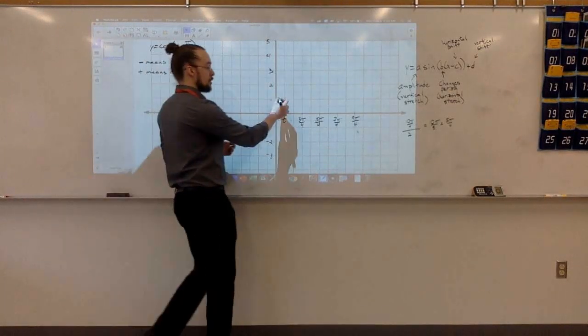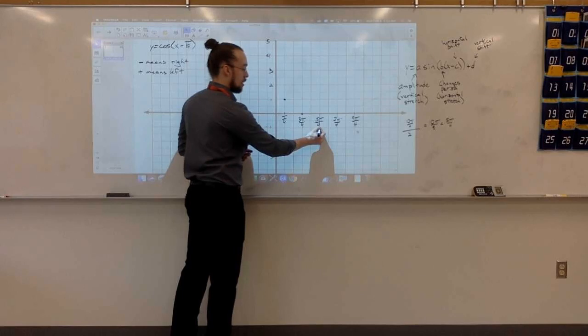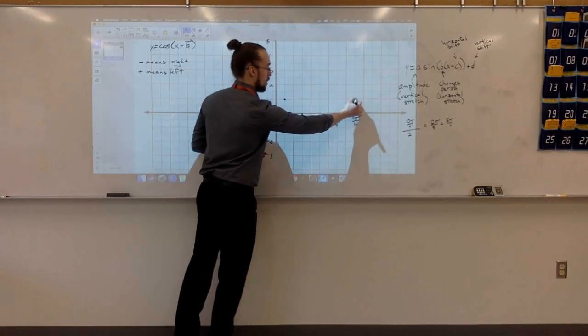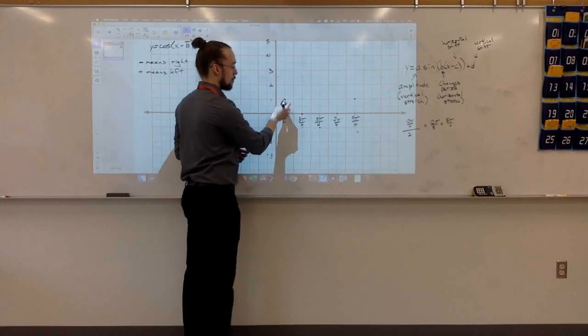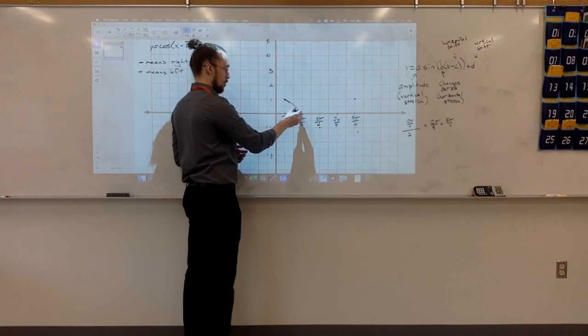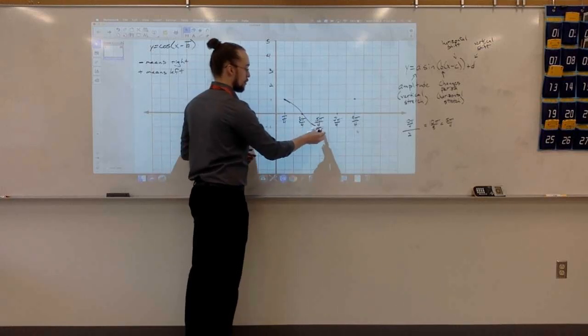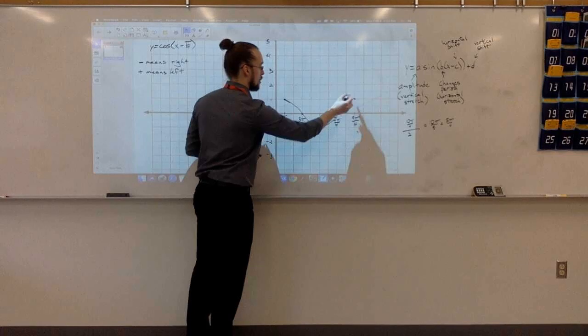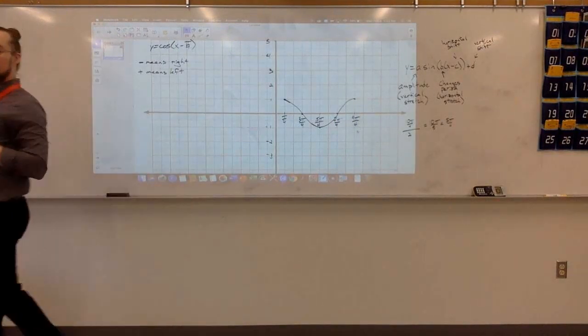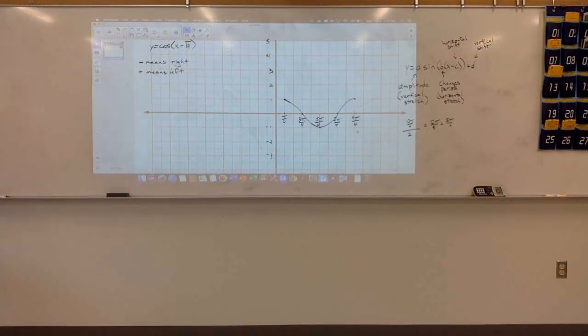Then that shape looks like this. So again, make that look like a cosine curve, not like a V. And so this would be an example where we use a C value for shifting to the left or right.